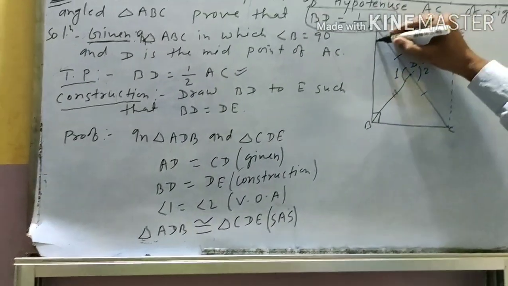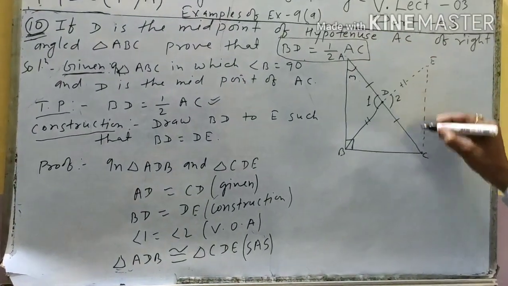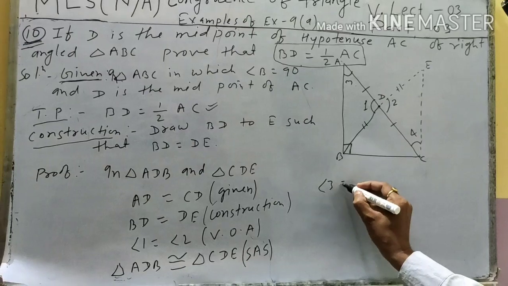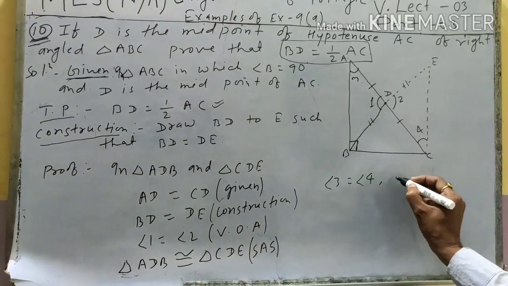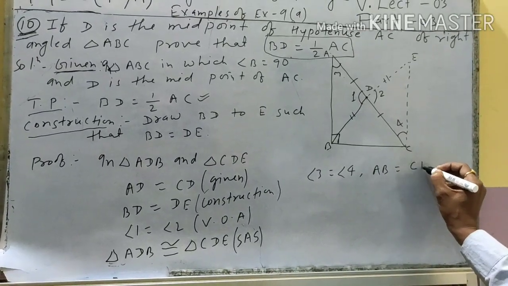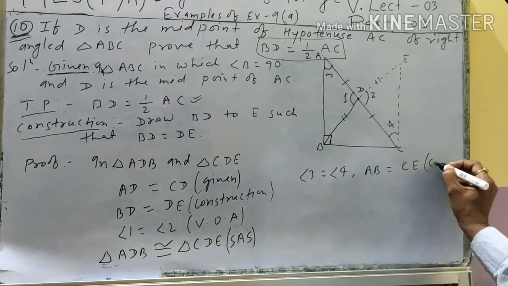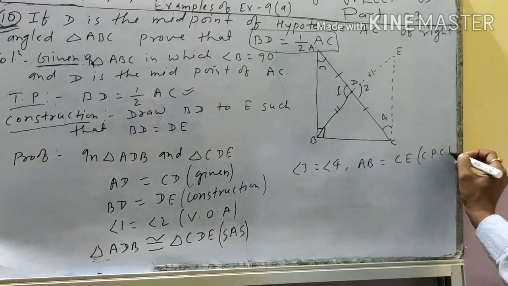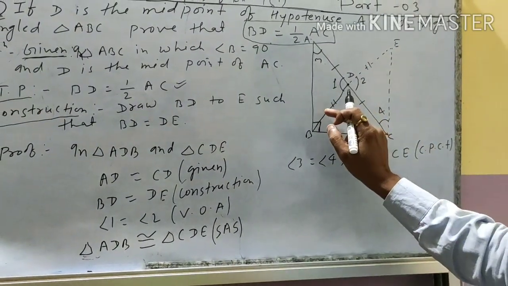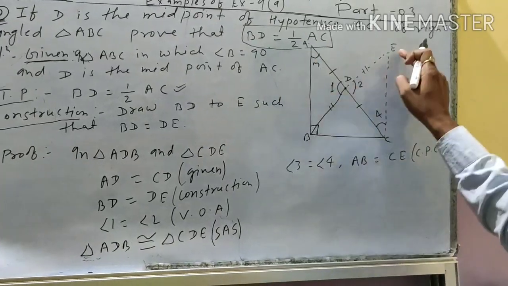By CPCT, here students, we can write angle 3, suppose this is angle 4. So angle 3 is equal to angle 4 and AB is equal to CE. These two are by CPCT. So this angle is equal to this angle and this side is equal to this side.